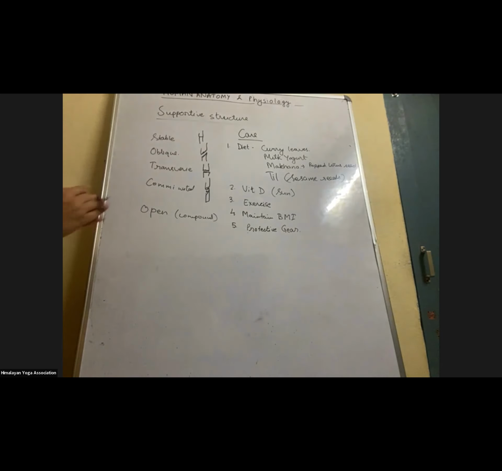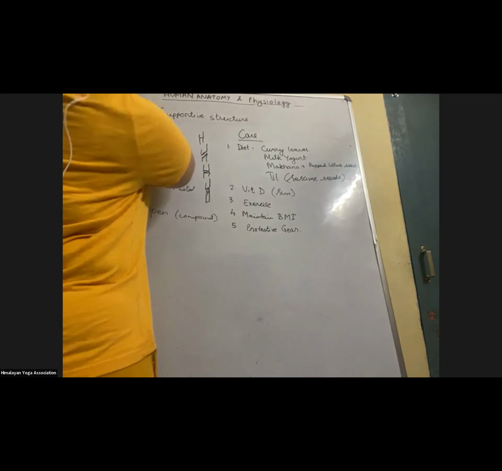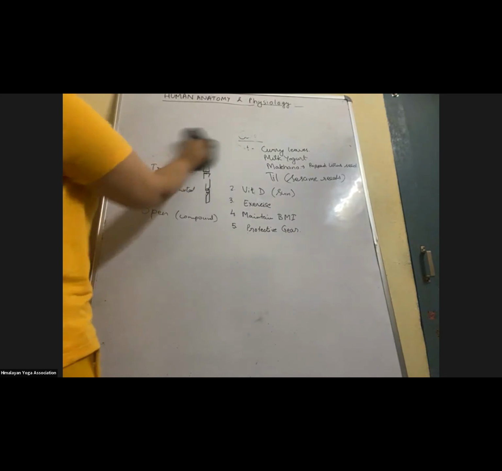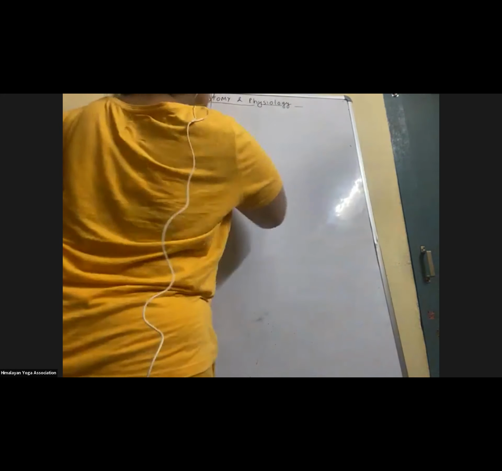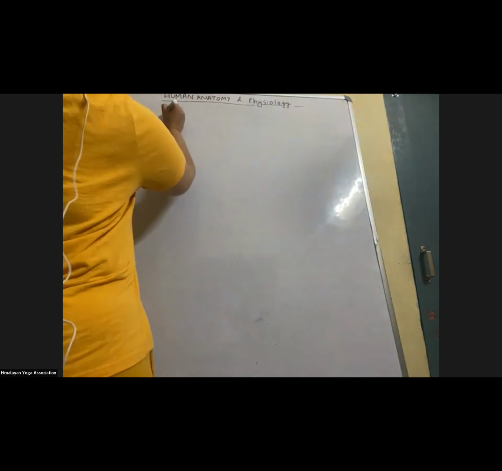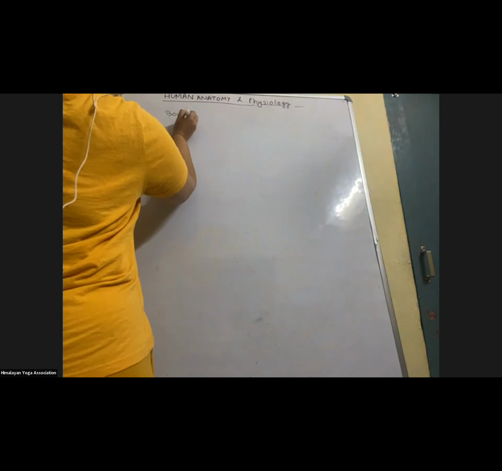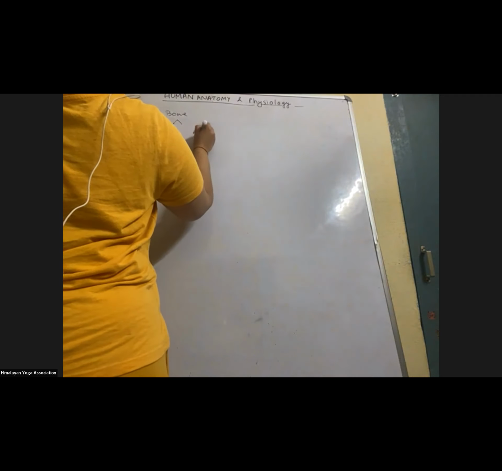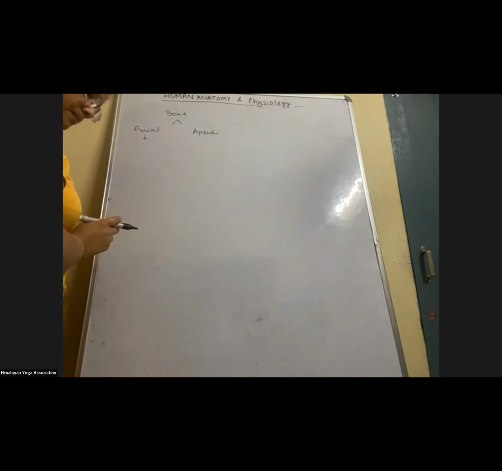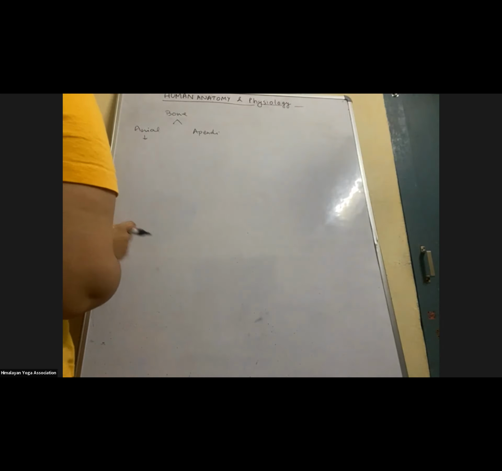Okay, yeah, good. Now, I want to add something to our previous topic, that is, we studied types of bones. Yes, we studied axial and appendicular bones. In axial, what did we study? Can you please tell?